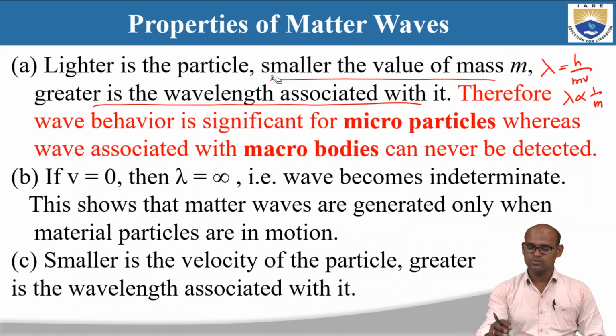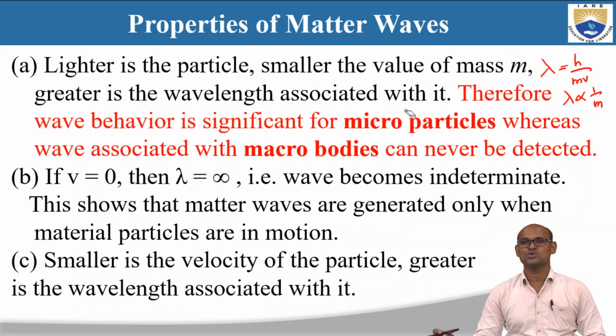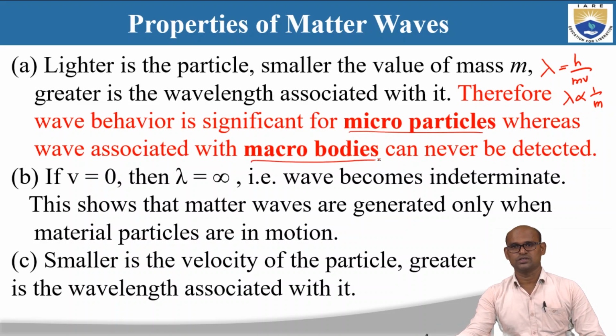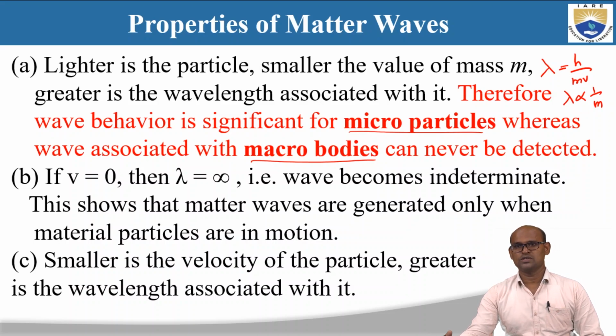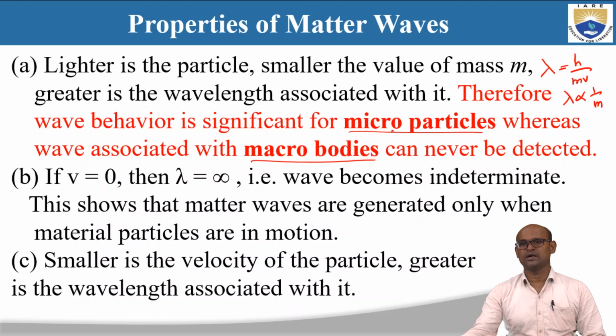That is why matter waves are associated with microparticles and not with macroparticles or heavier objects. It's very important: matter waves are associated only with microparticles or atomic particles, not macroparticles.